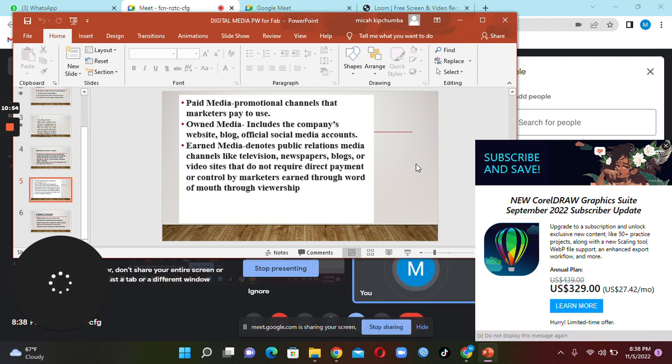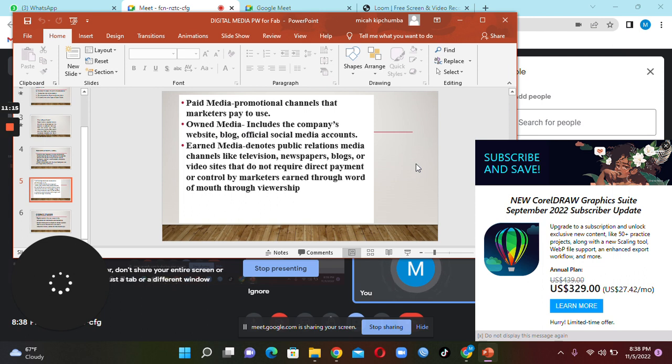Another type of media is the earned media. The earned media is basically the audience that we get through watching content online. For instance, the Standard Media Group places their daily magazine on the Standard Digital.